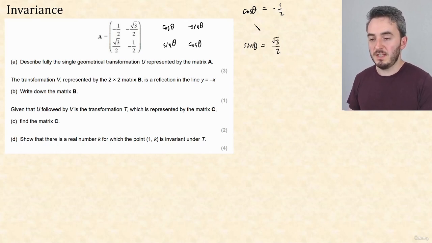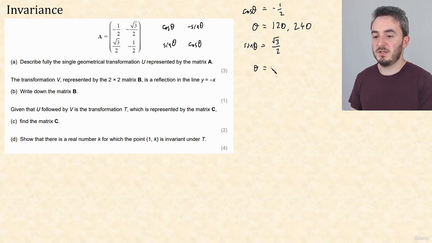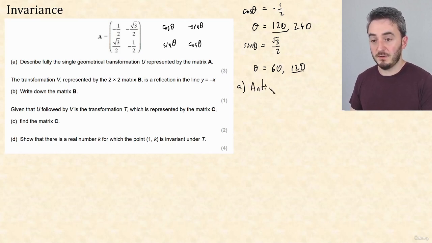If cos theta equals minus a half, then theta is 120 or 240. If sin theta equals root 3 over 2, then theta is 60 or 120. So we get 120 in both, and this is an anti-clockwise rotation of 120 degrees about the origin.